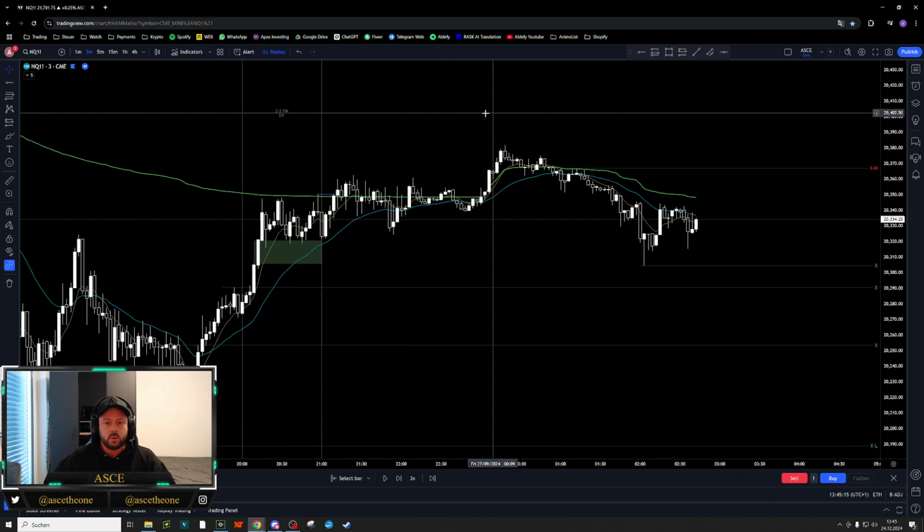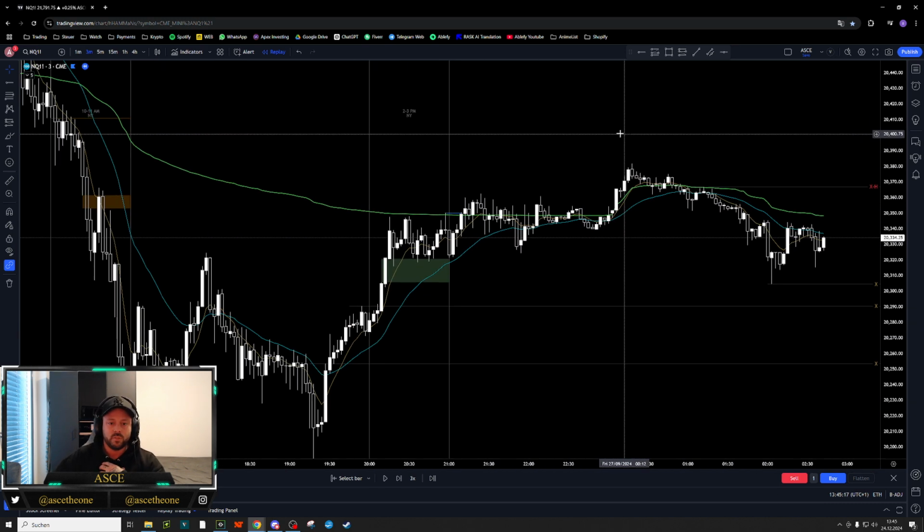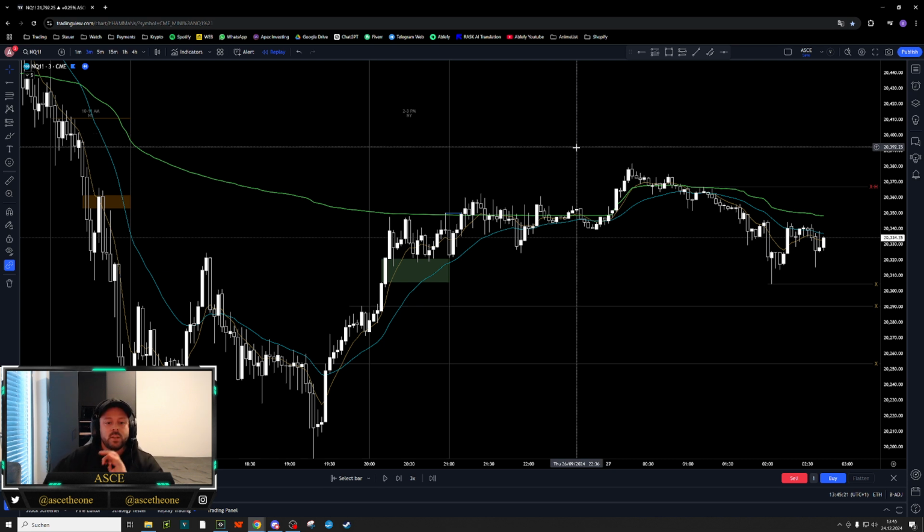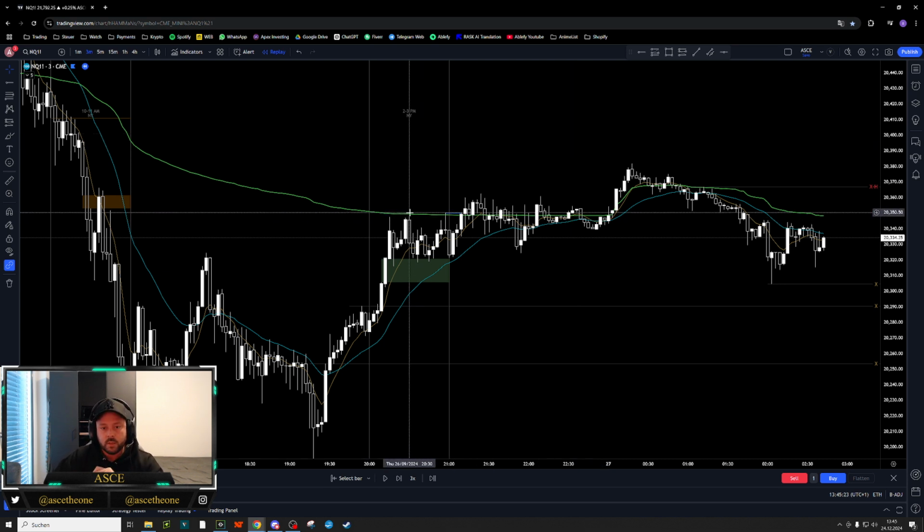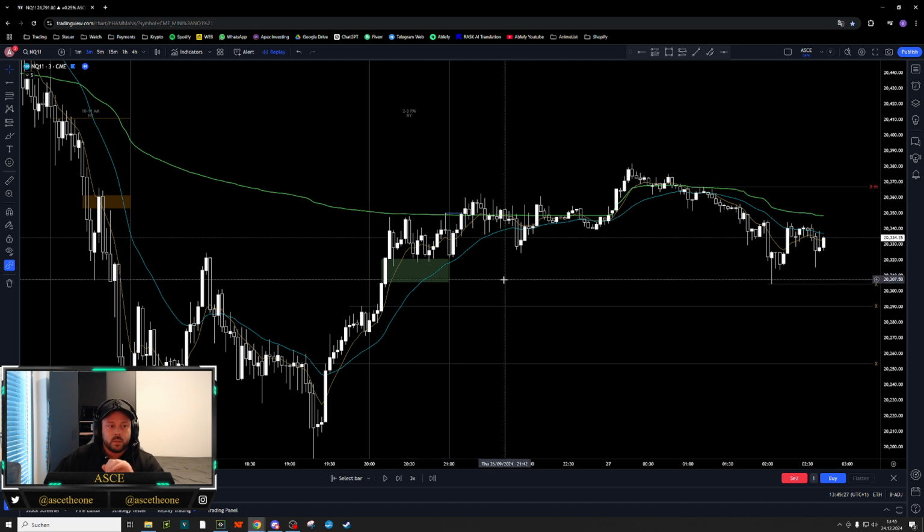When you're using my parts of the strategy and combine these two things, you can see here, there's the VWAP. Okay, so that means you have a support and resistance zone which is moving with the chart.